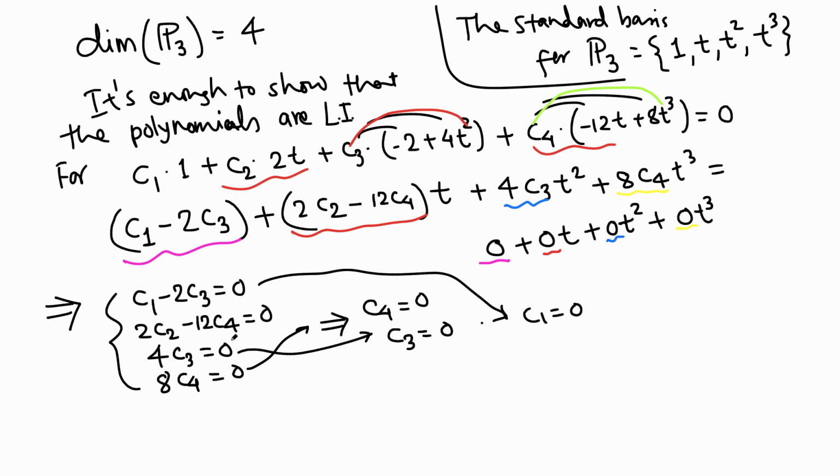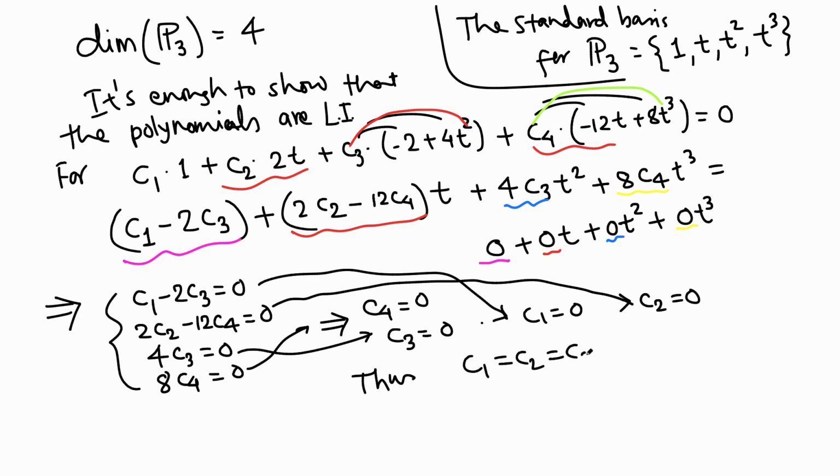And since c4 is 0, then c2 is 0. Thus we got c1, c2, c3, c4 all equal to 0, and that's the only solution.